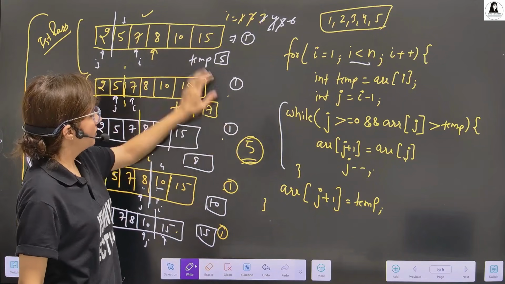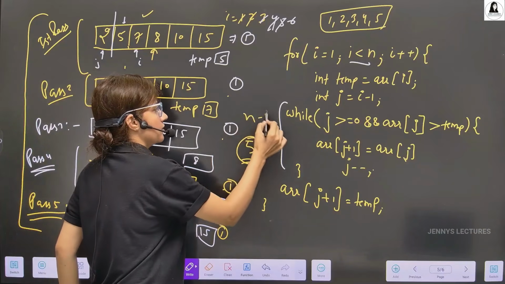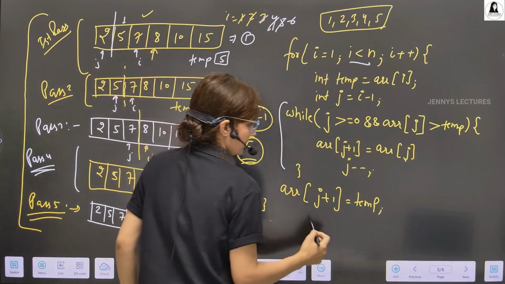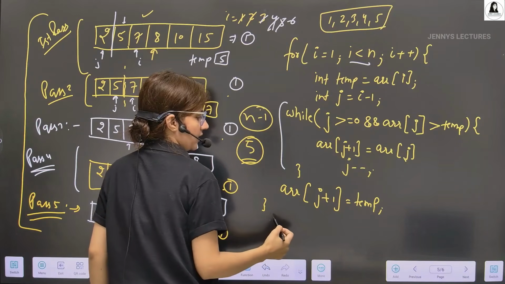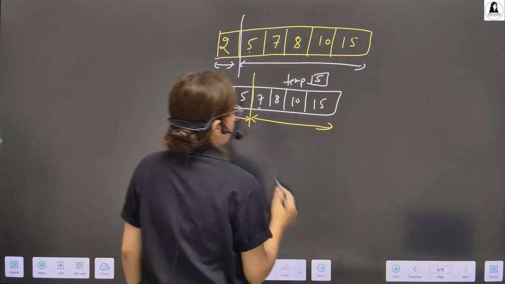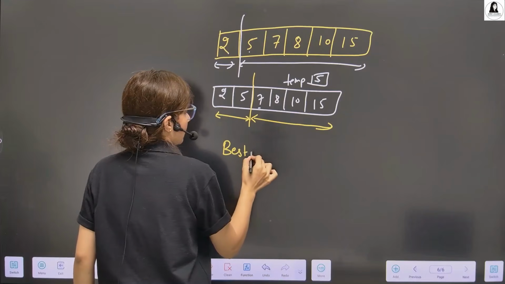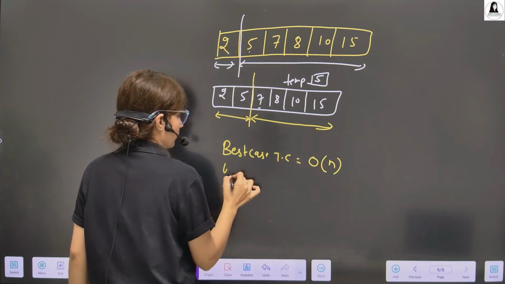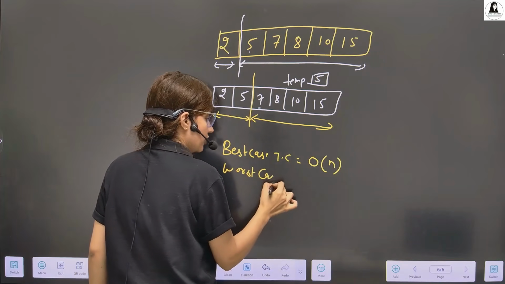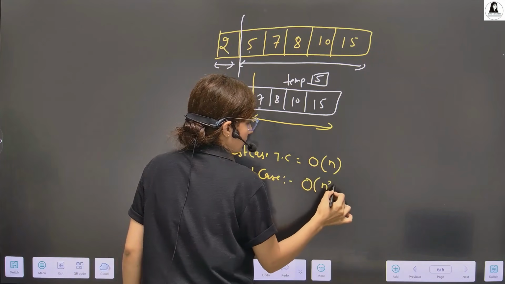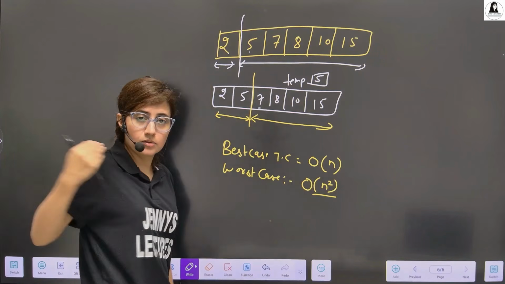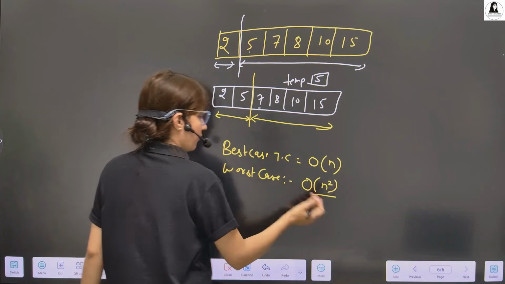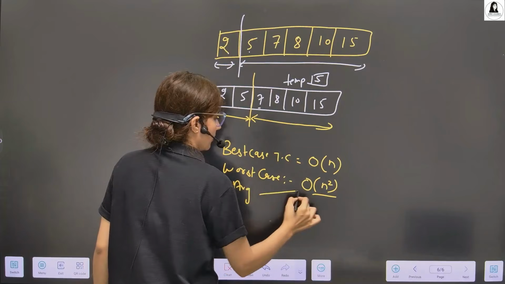In this case, we need almost n minus 1 comparisons. So the best case time complexity for insertion sort is n. In the worst case, as we have seen, you need to compare till 0, so it's n square. In the average case also, it's n square.